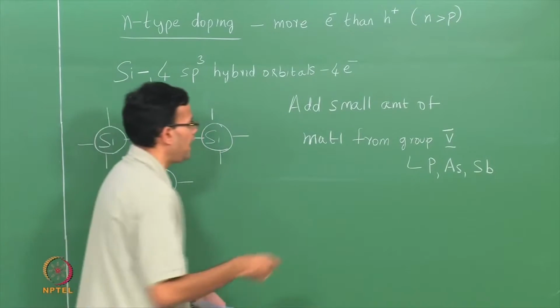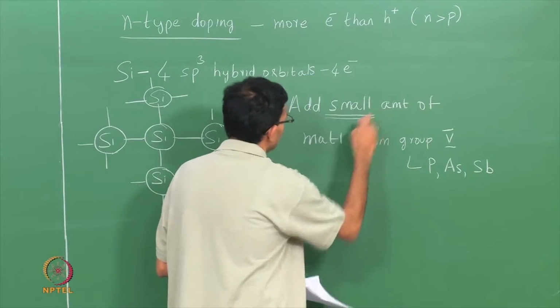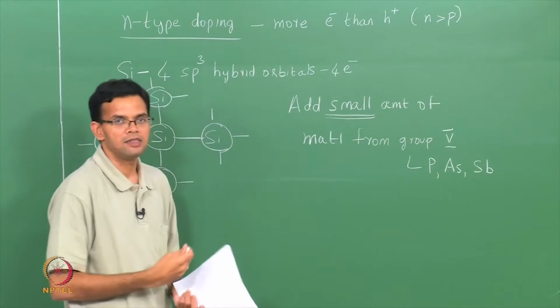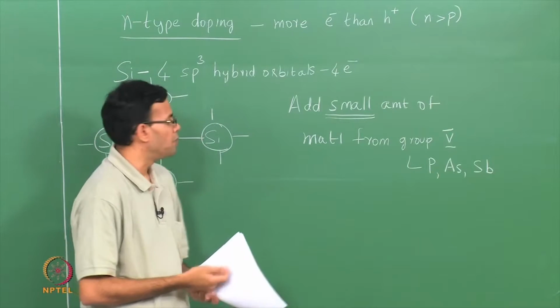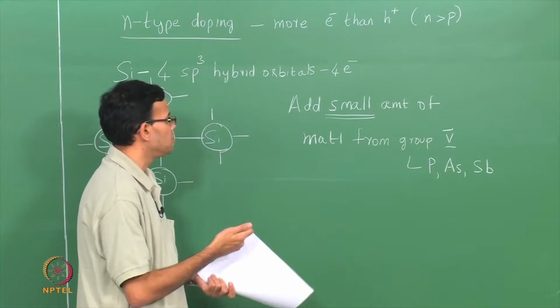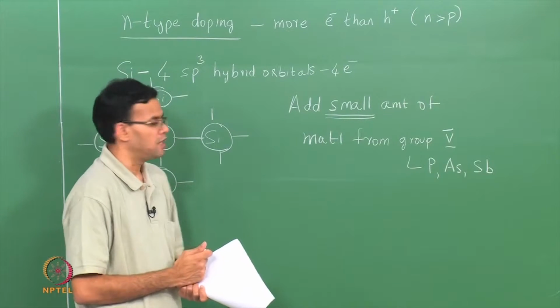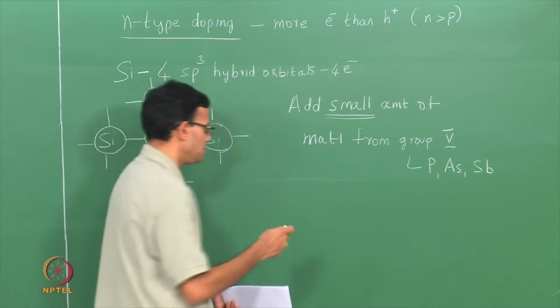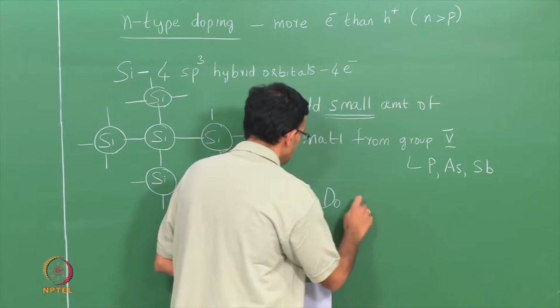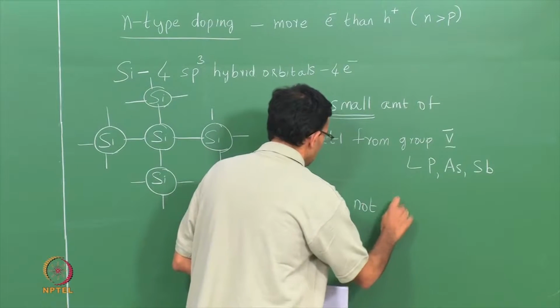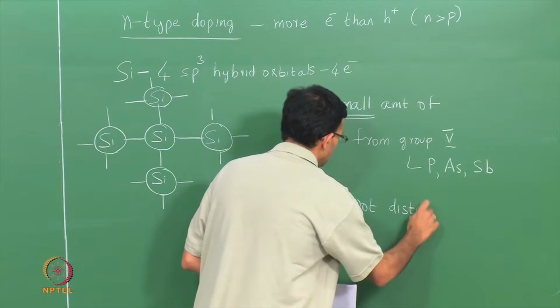Again, we only add a small amount so that the original silicon lattice is not disturbed, but what instead happens is the group V material goes and sits in the place of silicon. So, we do not disturb the silicon lattice.